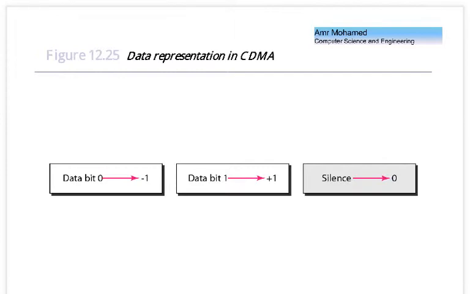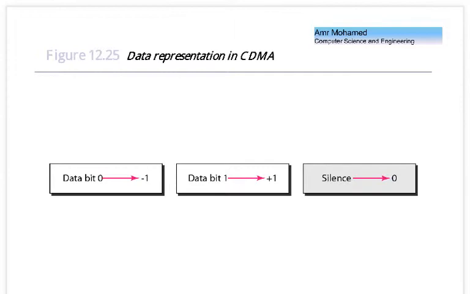CDMA uses a data representation where binary 0 is represented as -1, binary 1 is represented as 1, and if you don't want to send either 1 or 0, then I will consider that you have 0 signal. So -1 is representing the binary 0, 1 will represent 1, and 0 will represent silence, which means that you don't have anything to send.